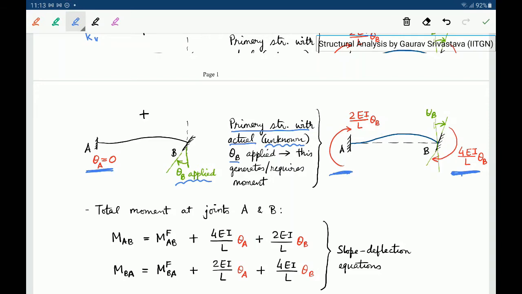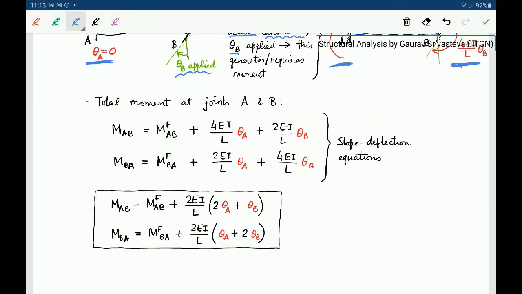Now we can consider the total moment acting at end A and end B. The total moment MAB will be MFAB, which is due to the fixed end moments, plus 4EI by L times theta A, which is to induce the actual theta A in the primary structure, and plus 2EI by L theta B, which is the induced moment due to applying theta B at end B. Similarly, MBA can be written like that, and these are what are called the slope deflection equations.